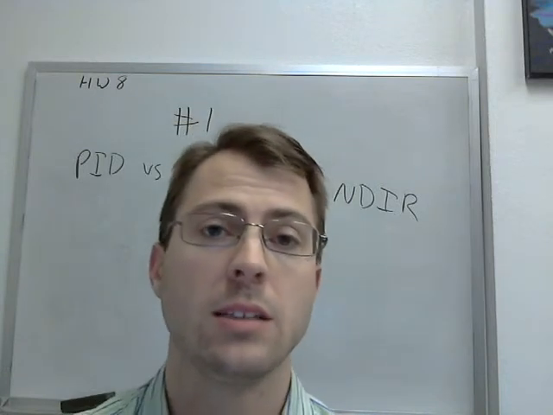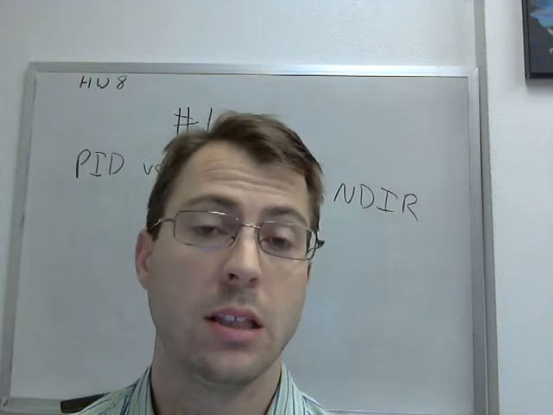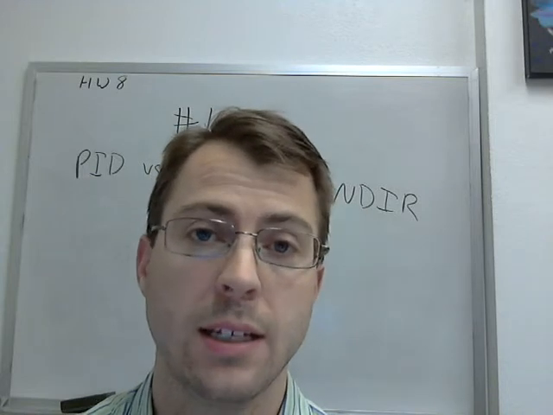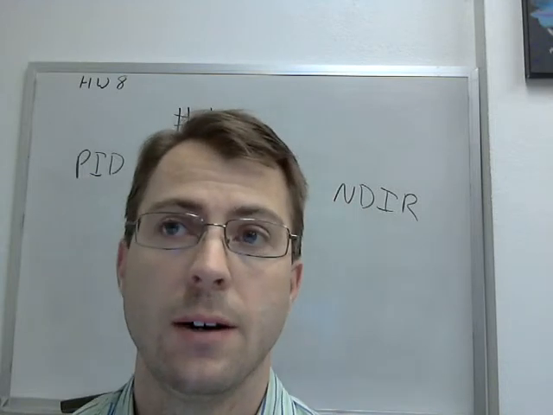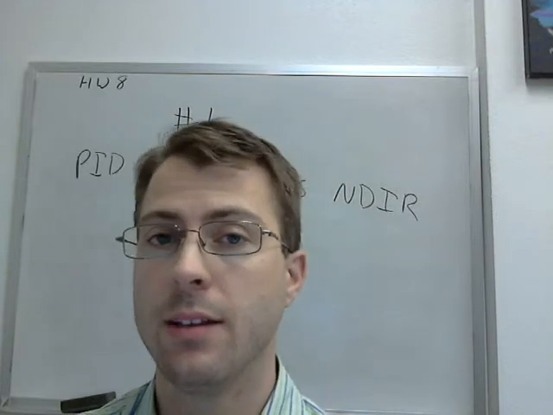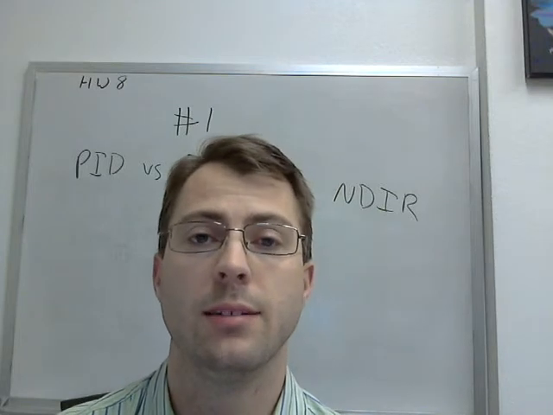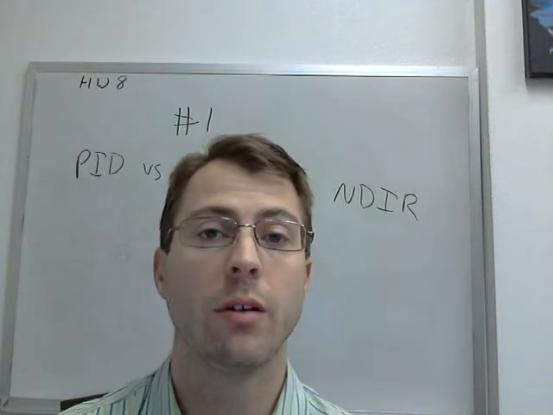So FIDs are very good because they're responsive to a broad chemical class. They have greater response to ethane than methane. So the more carbons there are in the base molecule, the greater the response.